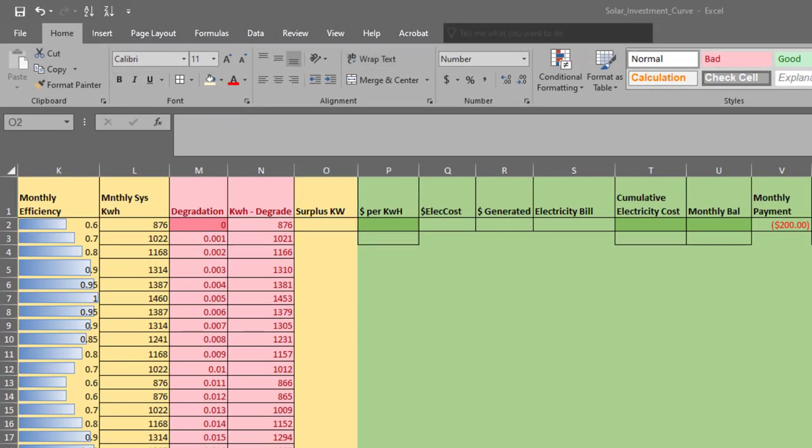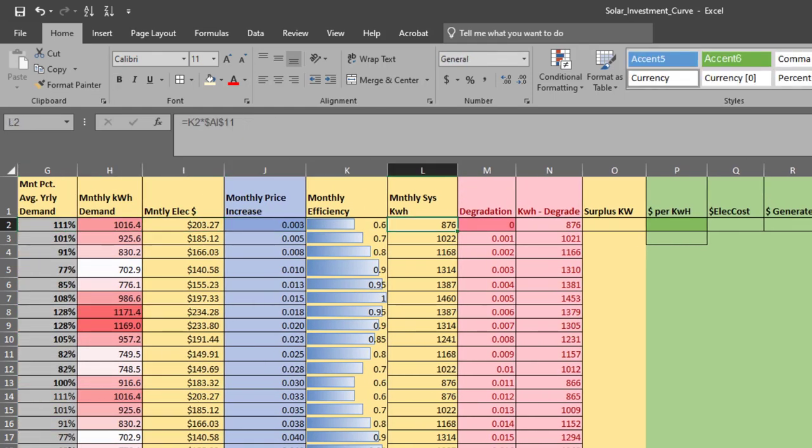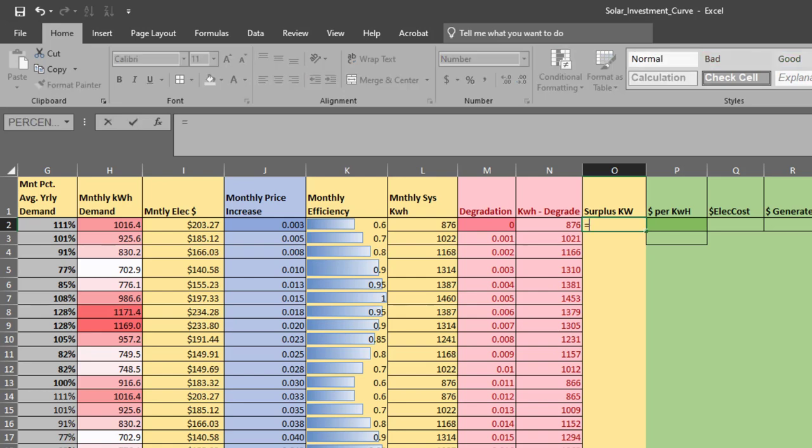Now we're getting to some of the more interesting results in terms of our kilowatt hours production from our solar system. As we'll see, I'm going to scroll over here a little bit. In the winter months, when the sun is low and our demand is high in an effort to heat the house or whatever institution or building that you're looking at, there will be a deficit. So in order to figure that out, we have to subtract our degraded output from our monthly demand.